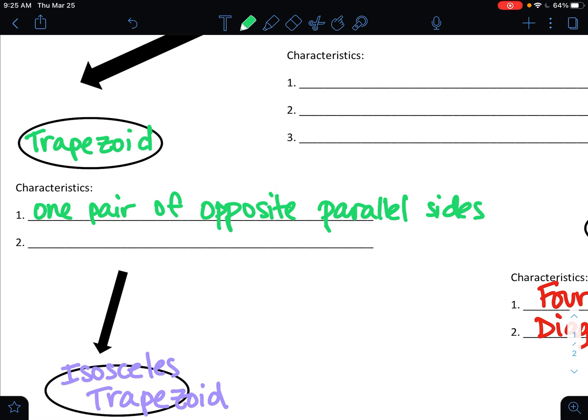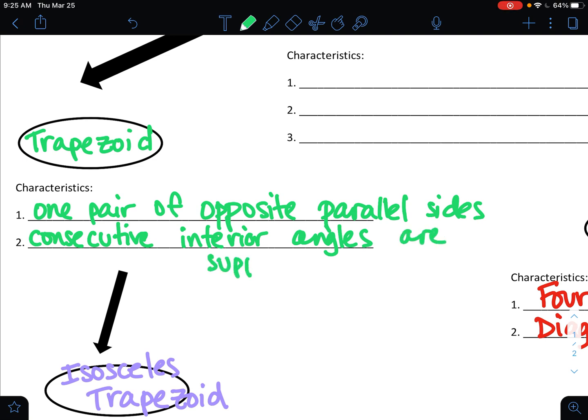Another one that we have here is the consecutive interior angles are supplementary.